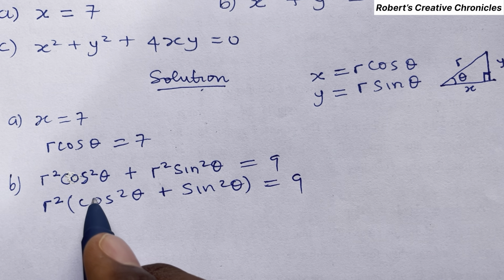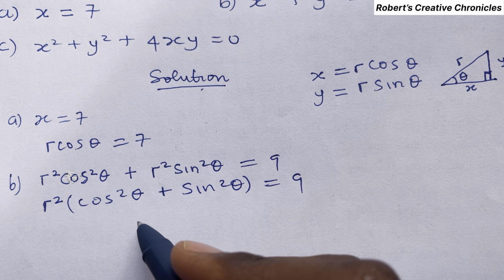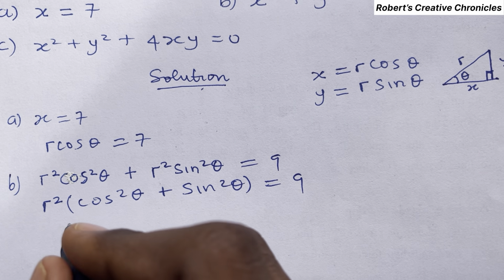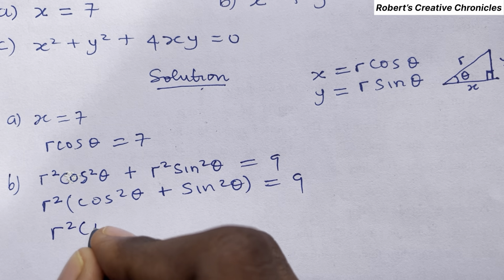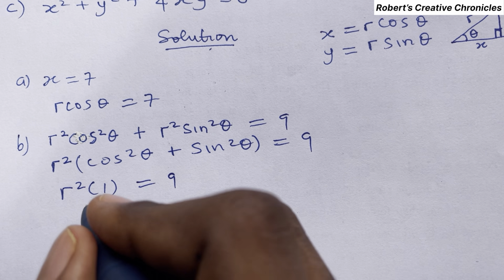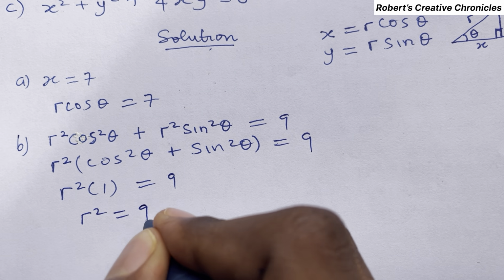So now, from elementary algebra, cos square theta plus sin square theta is equal to 1. So this now becomes r square times 1 is equal to 9. So this becomes r square is equal to 9.